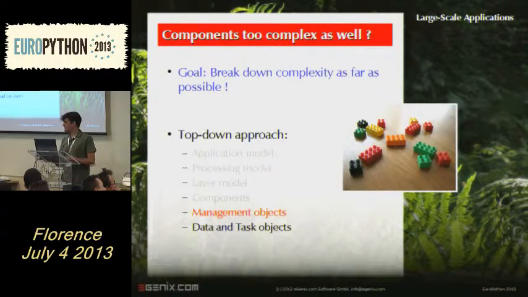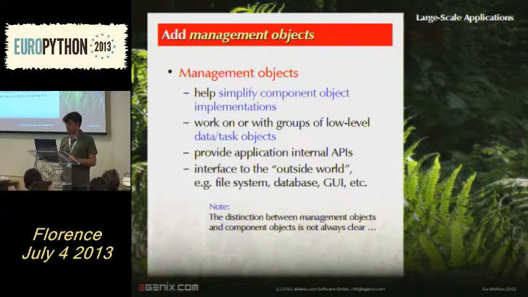Next step. So you have the components, but the components may still be too complex. Like I said before, if you have divisions in your company, and you just put employees into a division, they need to do something in a coordinated way. So you need some management to go with it. So what we have is management objects. This would be something like, for example, if you have a database component, a management object for that database component could be an interface to a particular database.